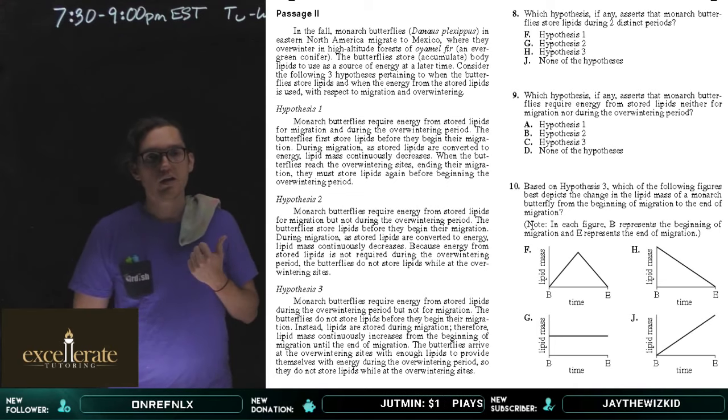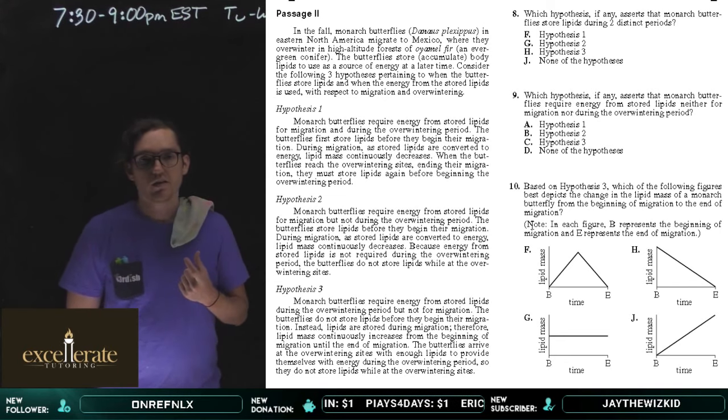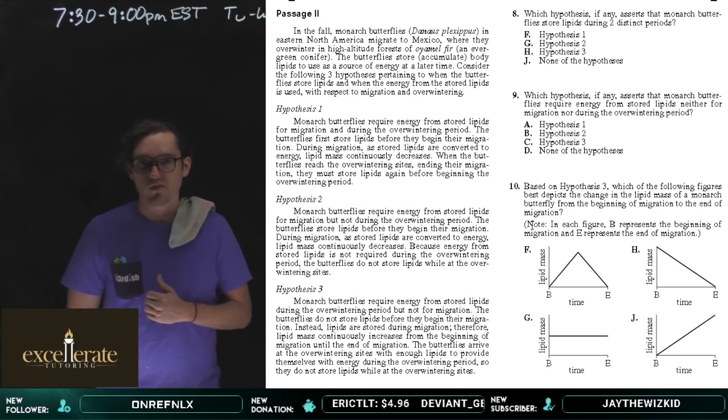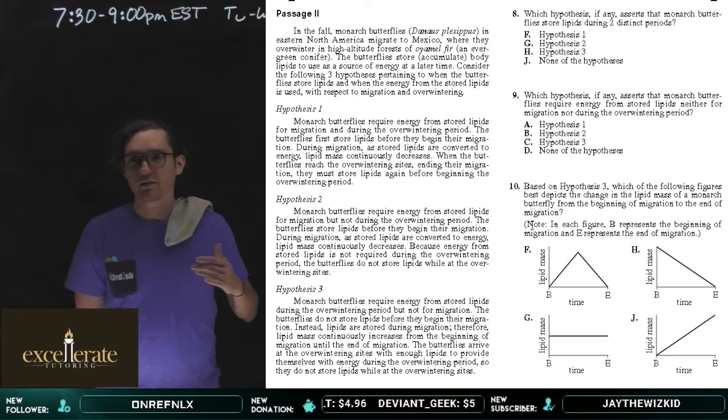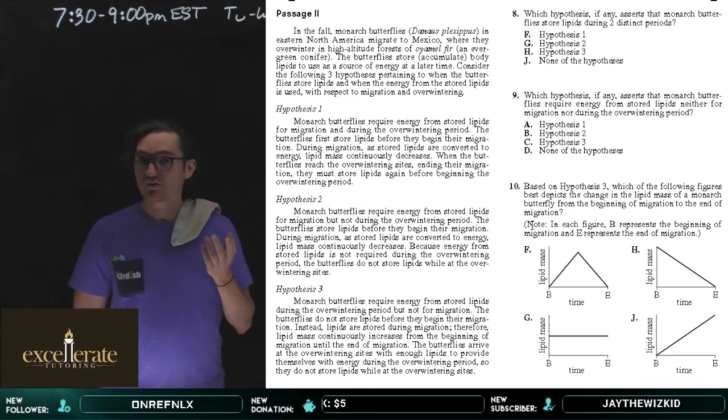So they would not be using energy during the migration itself, which means they shouldn't experience any change in lipid mass. So my guess here is going to be G. I would also say it's going to be G.